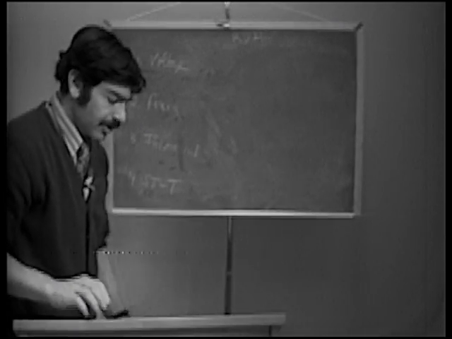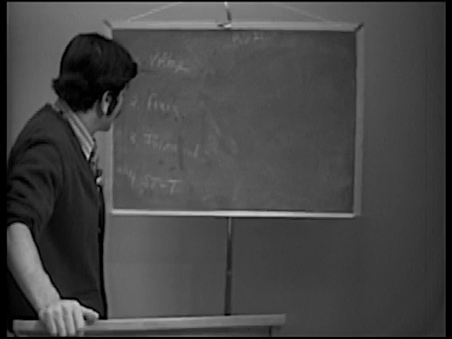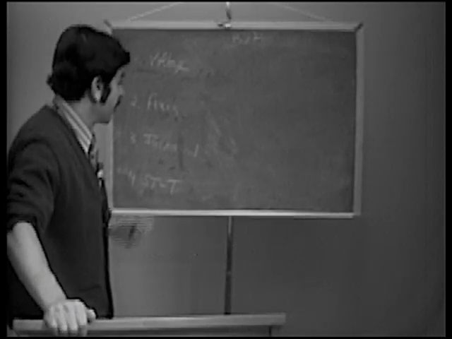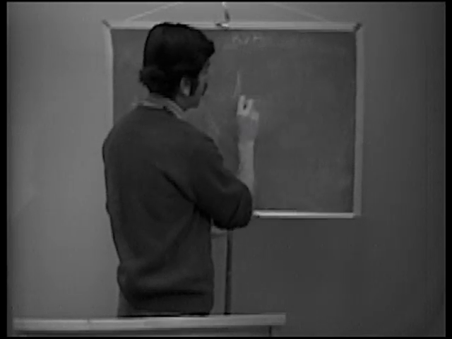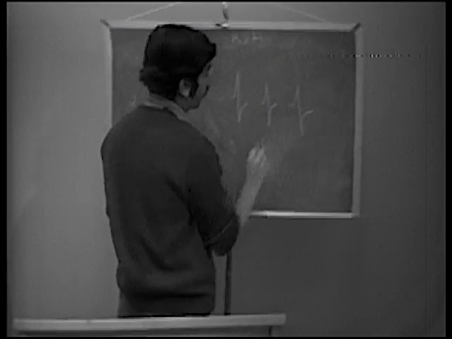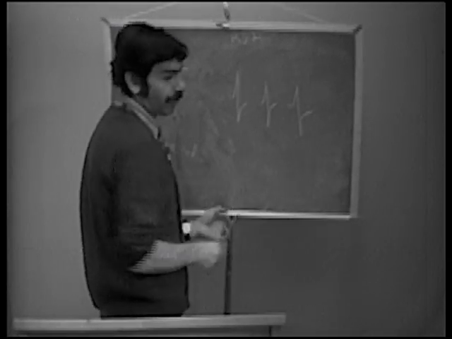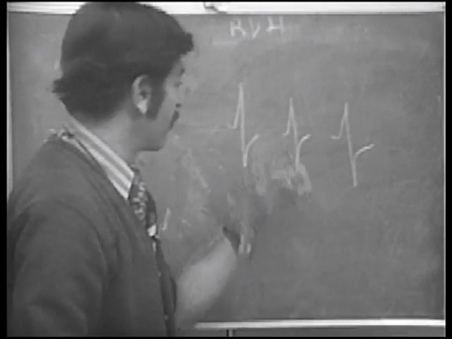Okay, so then this covers some of the criteria for RVH. Let me just draw this for an example here. This is V1 with a tall R, V2, V3, let's say it looks like that. Now, our T waves, we said, should be upright in every lead in the precordial leads here, except for V1.